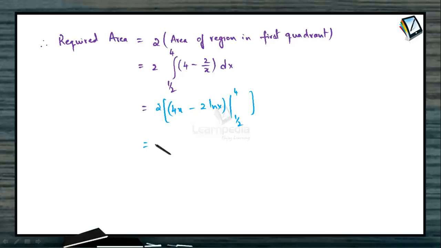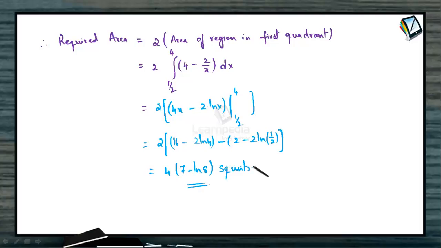That gives 2 times (16 minus 2 ln 4) minus (2 minus 2 ln half), which is 4 times (7 minus ln 8), or 3 ln 2, square units.